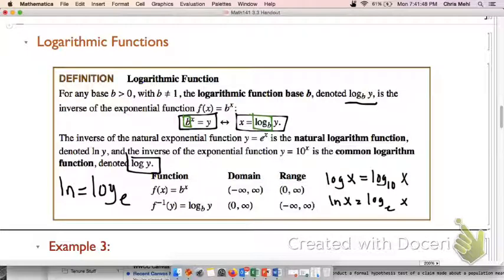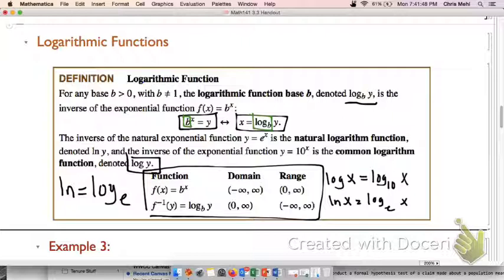Now, if you look at the functions, focus on this box at the bottom right. The function f of x equals b to the x, the exponential function base b, has domain all real numbers and range 0 to infinity. The inverse function, f inverse of y, would be log base b of y.